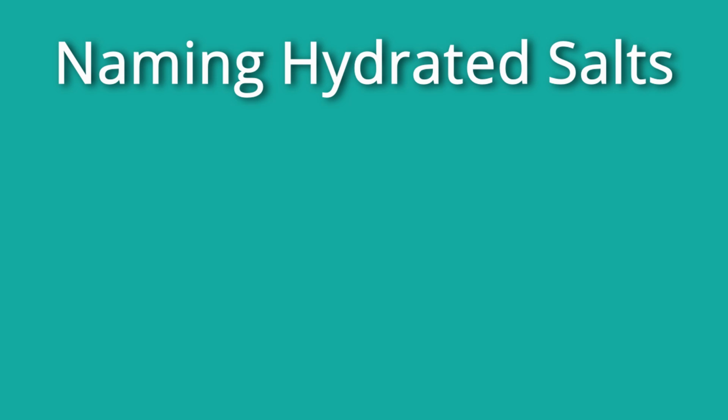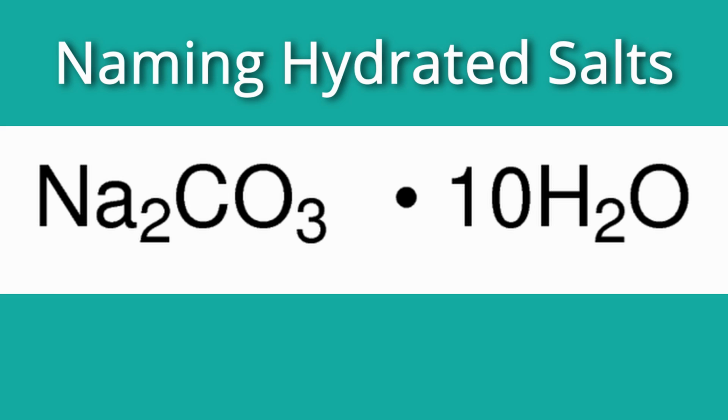So let's do a few examples of hydrated salts. So here's a good example. We have the salt sodium carbonate, and when it's hydrated, it has 10 moles of water molecules inside of it.